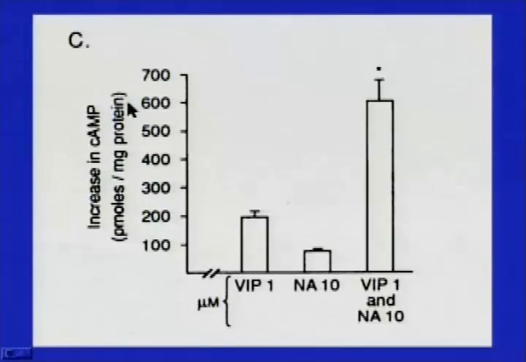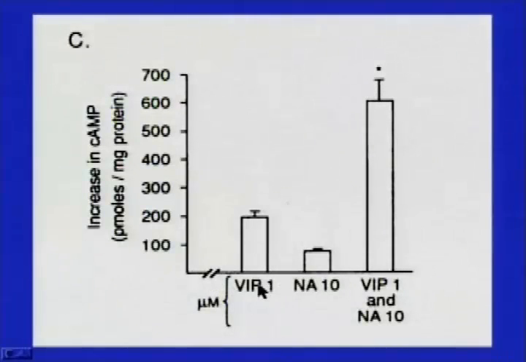So you have the same neural tissue where you're proposing that these events are occurring, and you add micromolar concentrations to the bath, either VIP 1 micromolar or noradrenaline 10 micromolar, or the VIP at 1 micromolar and noradrenaline at 10 micromolar together, and you then harvest the tissue and measure the amount of cyclic AMP content reflecting the synthesis of new cyclic AMP.